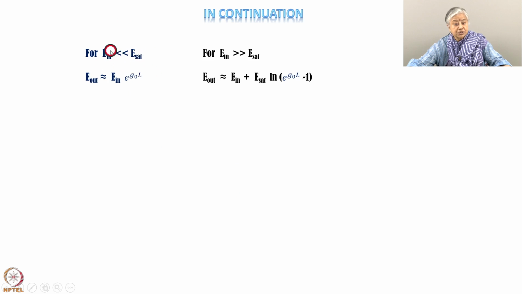That means my input signal is very small, and then my output signal turns out to be E out equal to E in e to the power G0 L. Just try to recollect from lecture 3 and 4, approximately, where I described the Einstein's coefficients, and then we came to the flux change as it travels through an amplifying medium.